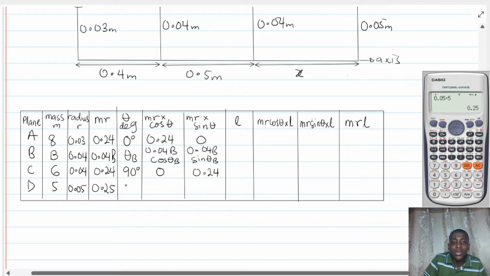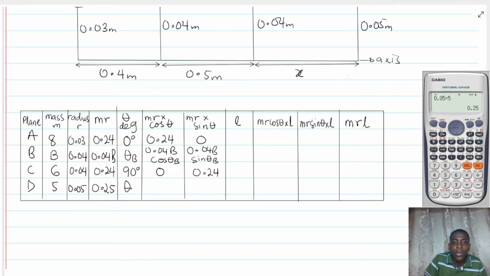But we were not given the angle, we don't know the angle. So from here, we just do 0.25 cosine theta D, and then we will also do 0.25 sine theta D.